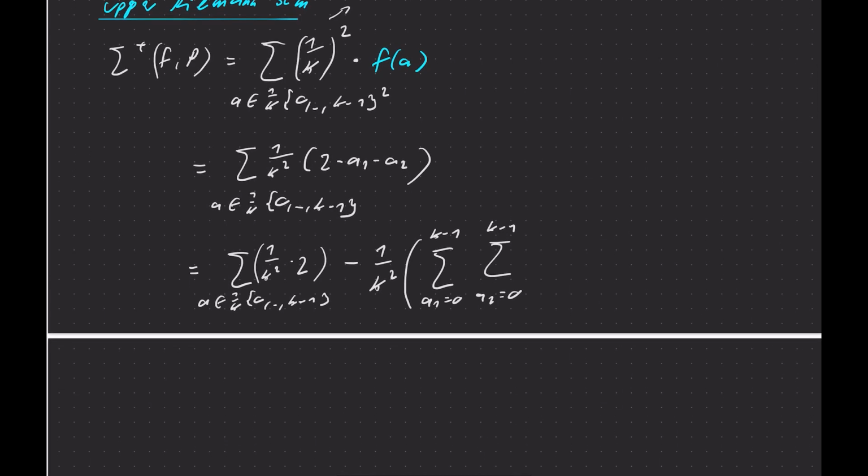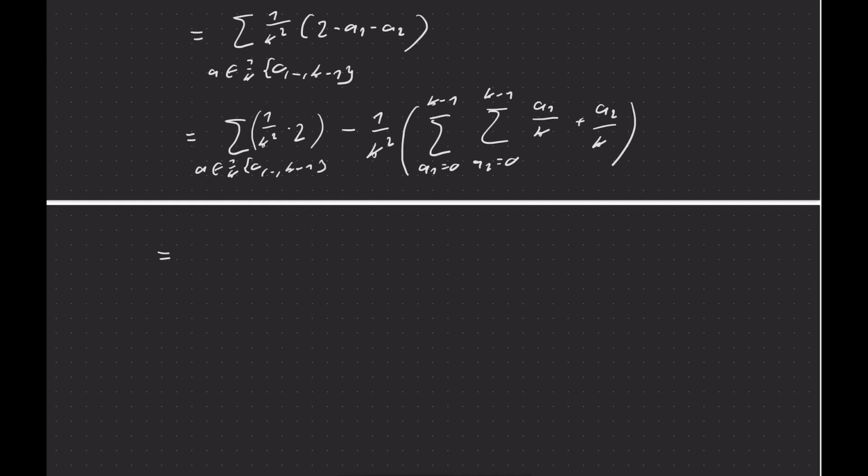Right? And we're summing up over A1 plus A2. Pay a little attention here. So actually A is in 1 over k from 0 to k minus 1. That means we still need to respect that 1 over k factor. Yeah, so that's actually A1 over k plus A2 over k.